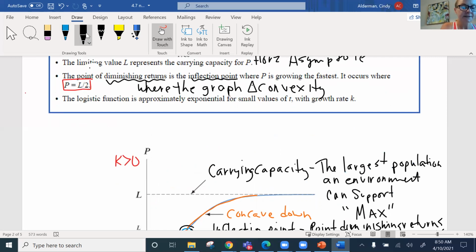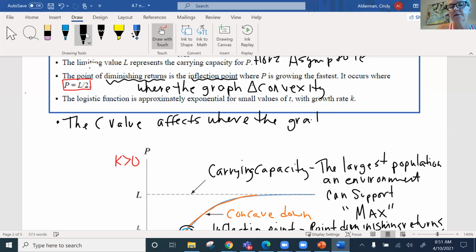They don't really go over it here, but there is a question about that on the homework. The C value affects where the curve crosses the vertical axis. The y-axis, right?